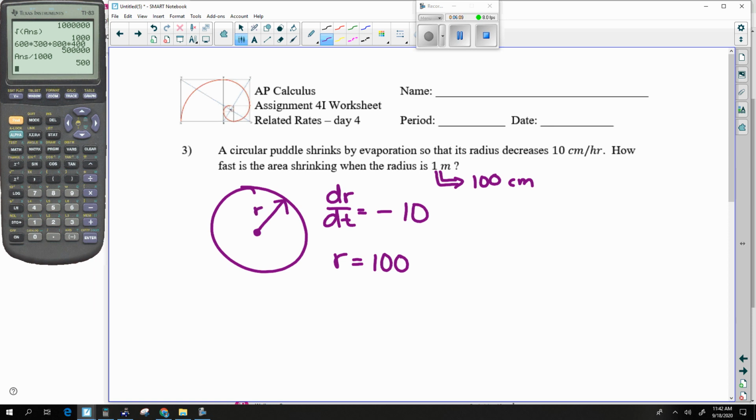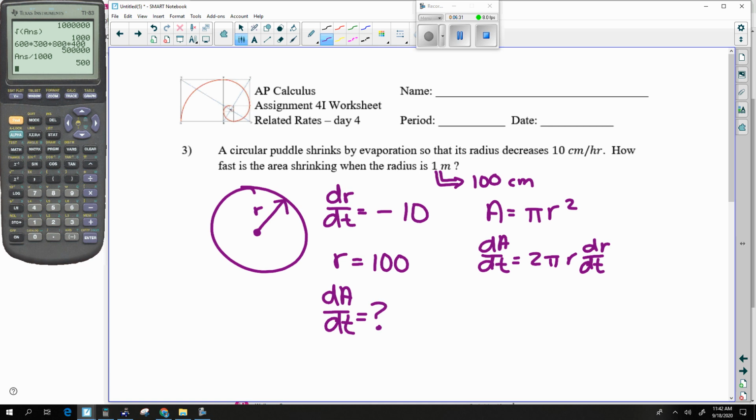The area of a circle is equal to pi r squared, and dA/dt is equal to 2 pi r dr/dt. They want to know how fast the area is shrinking, so the question is, what is dA/dt?